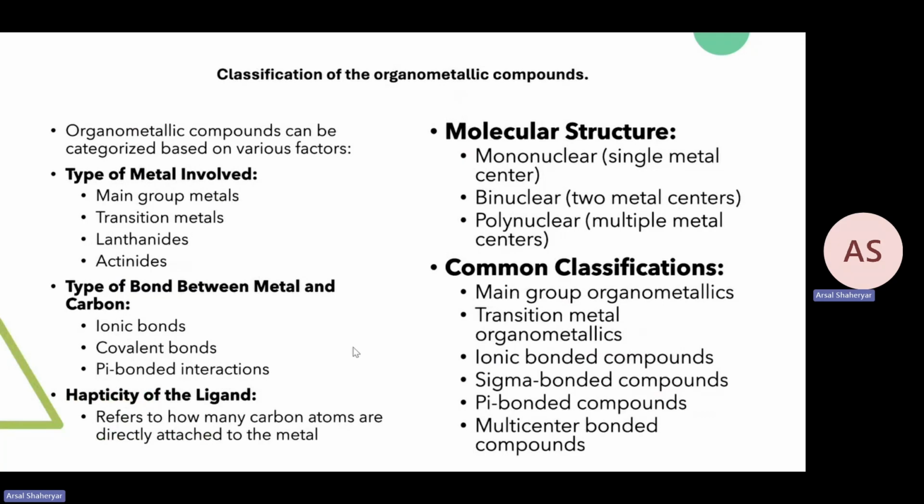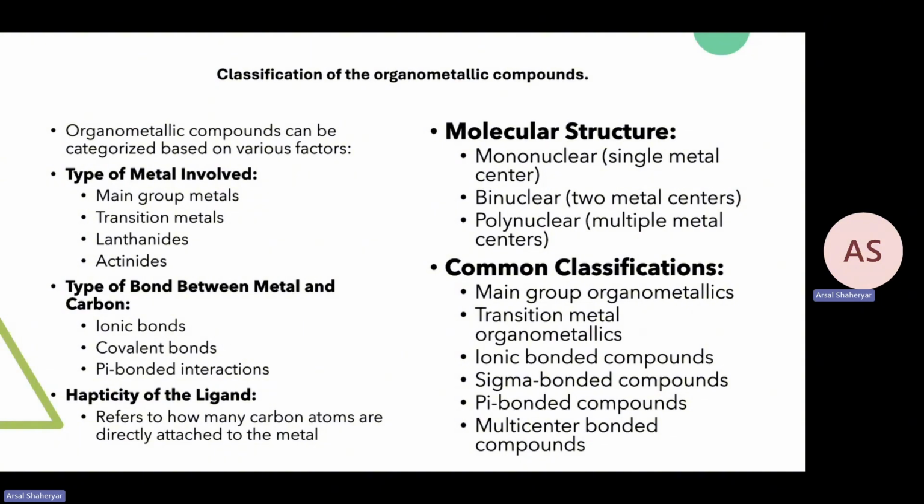Now, here are some of the classifications of the organometallic compound. Organometallic compounds can be categorized based on various factors. Type of metal involved: main group metals, transition metals, lanthanides, and actinides. Type of bonds between metal and carbon: ionic bonds, covalent bonds, and pi-bonded interactions. Hapticity of the ligand refers to how many carbon atoms are directly attached to the metal.